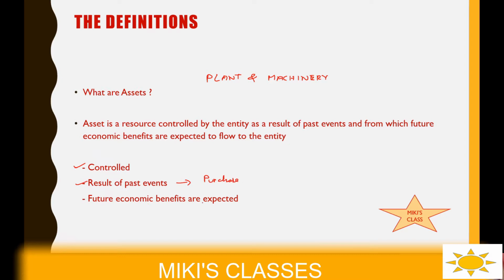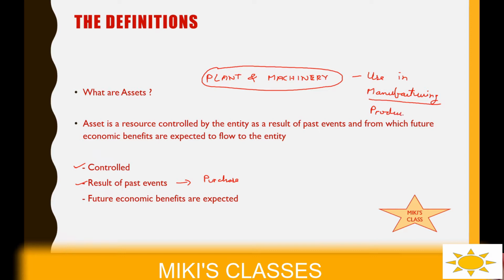How about the third? Future economic benefits are expected. If a business has plant and machinery, what does it do? It will use it in manufacturing. Suppose the business is of production of cars. It will use this plant and machinery for manufacturing cars, maybe.